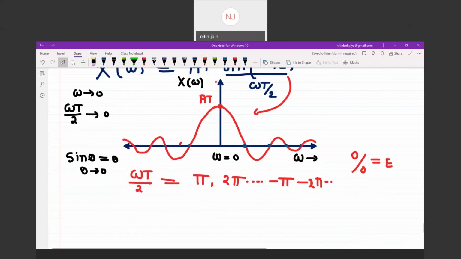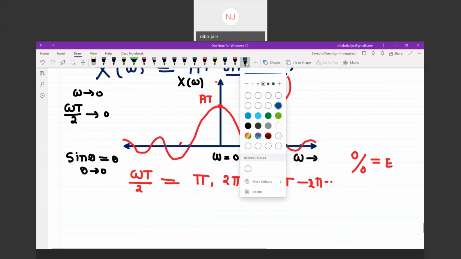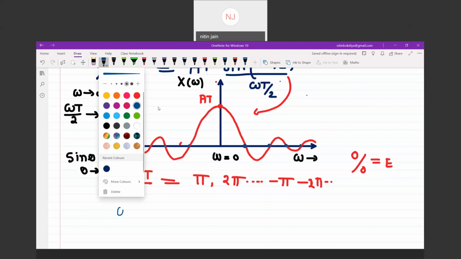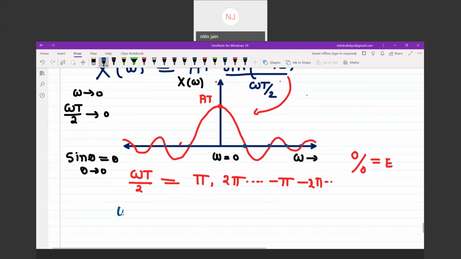And what is the value of omega in this case? The value of omega for this case is 2 pi by T.